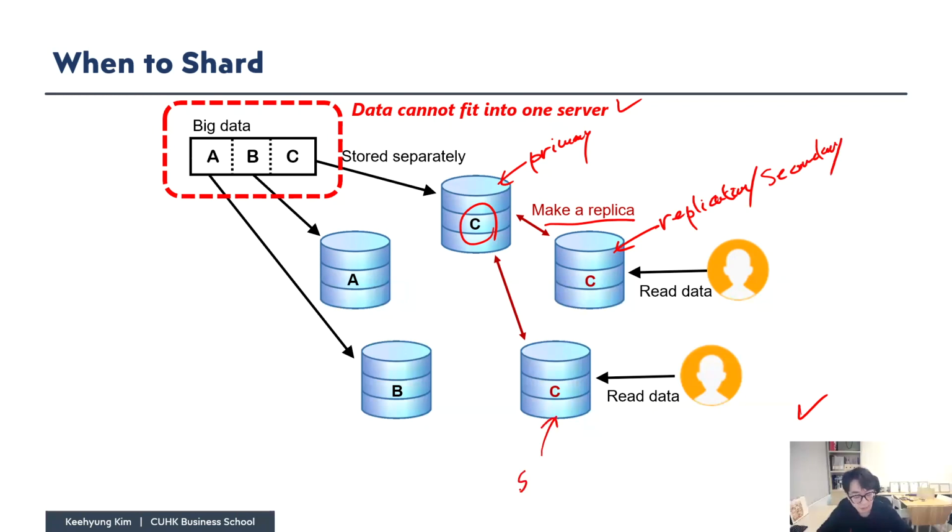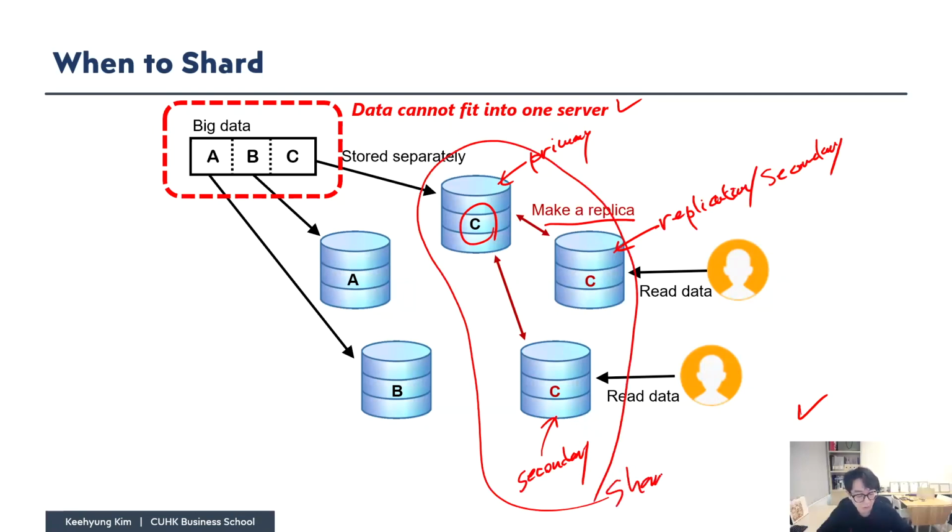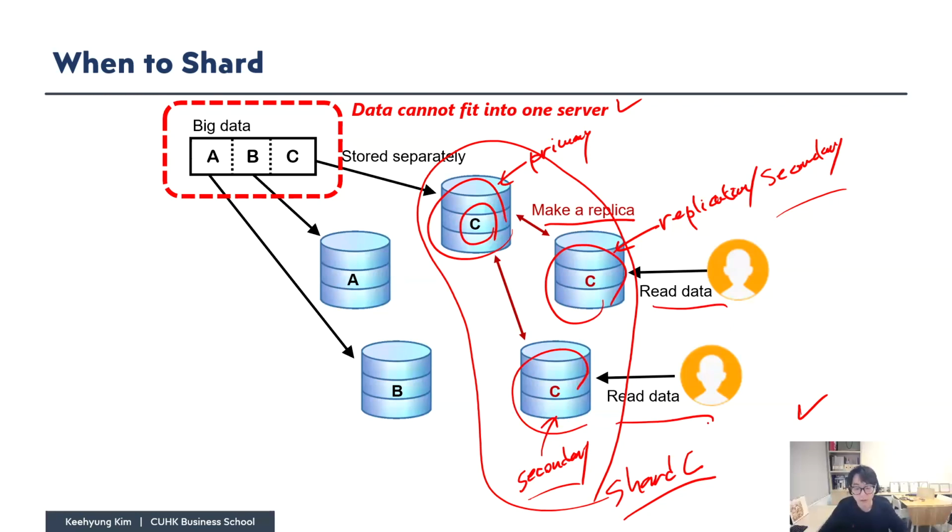This is also a secondary because it's a copy of part C. And you can consider this as shard C, because all these parts contain the same data. So when you make a secondary like this, the benefit is that you can utilize multiple servers to handle multiple requests concurrently at the same time.